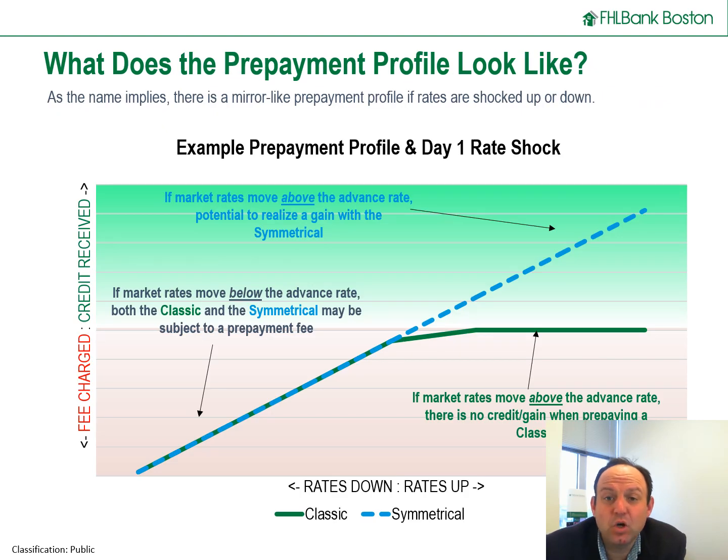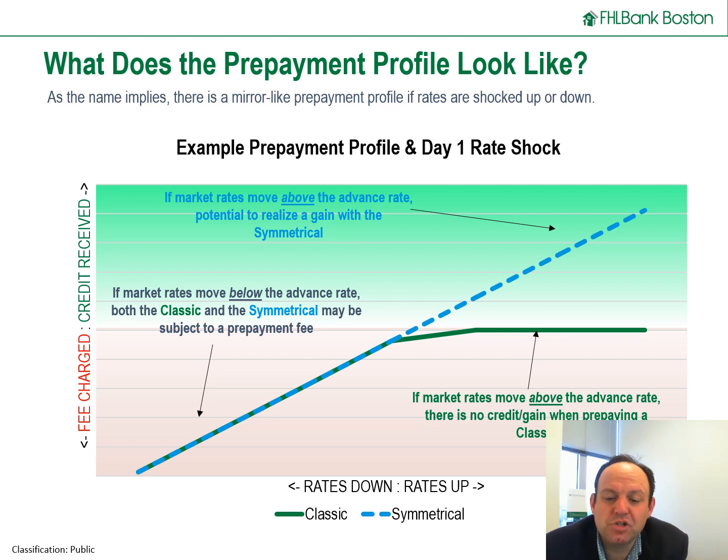So as mentioned, the core value of the symmetrical prepayment advance is what happens in a higher rate environment. But before we get there, let's take a look at this generic example to see what both the classic and the symmetrical do in a lower rate environment, and that'll set the stage for moving to higher rates.